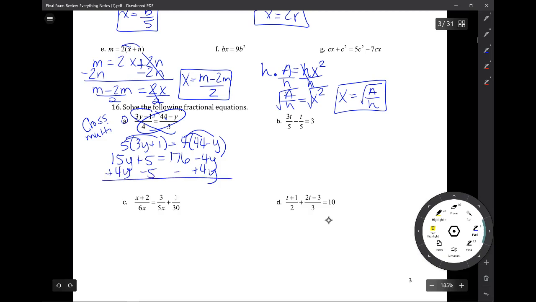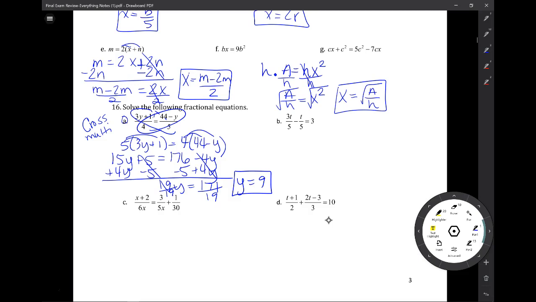I can subtract my 5 to the other side at the same time. So I have 19y is equal to 171. And then I would divide by 19 on both sides. I'm kind of out of room here, so I'm going to squeeze it in there. Divide by 19, and there's my final answer. And feel free to check that answer and make sure that one side of your fraction equals the other side of your fraction. But it should work out.